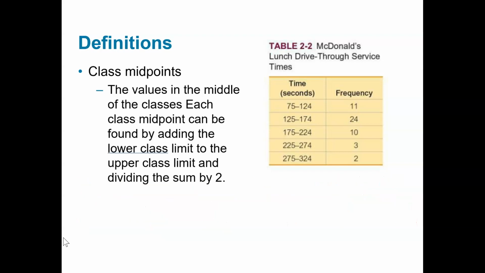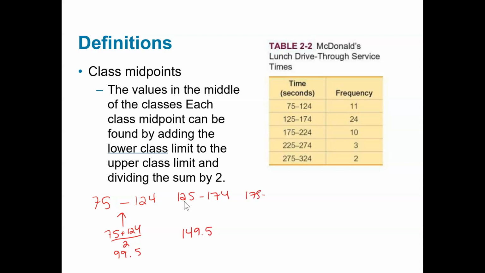The class midpoints are the values in the middle of the classes. Each class midpoint can be found by adding the lower class limit and the upper class limit and dividing by 2. So the class midpoint for the first class would be 75 plus 124 divided by 2. We're going to get 99.5. And then the midpoint between 125 and 174 is going to give us 149.5.